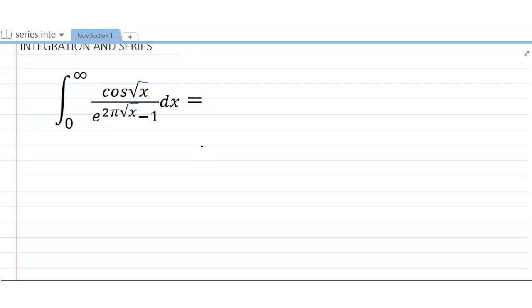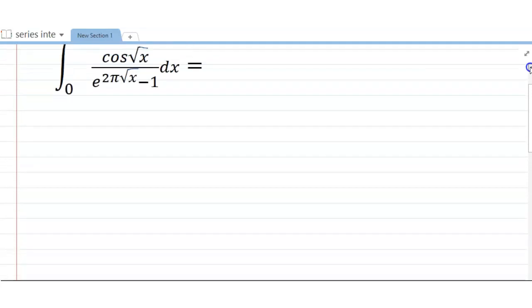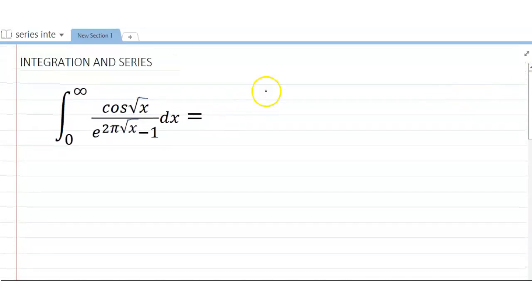So friends, let's start to solve this problem. Integration. Before this, we take root x equal to t.